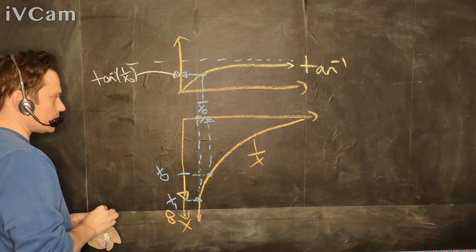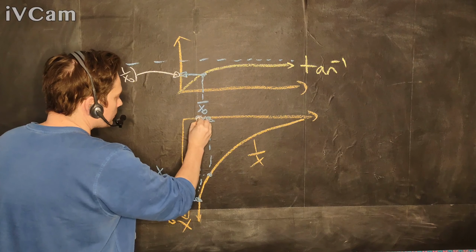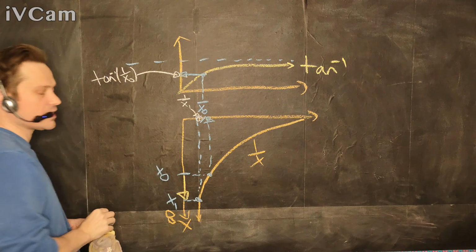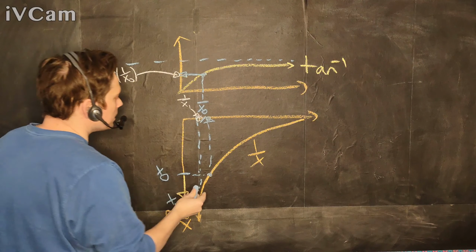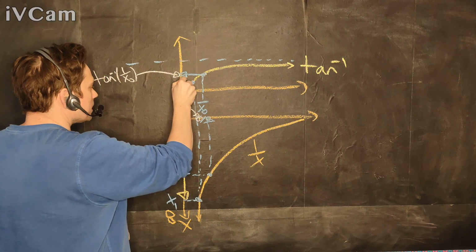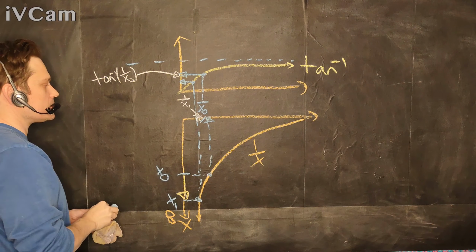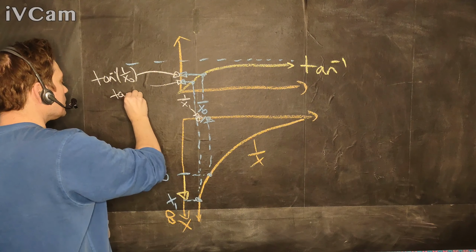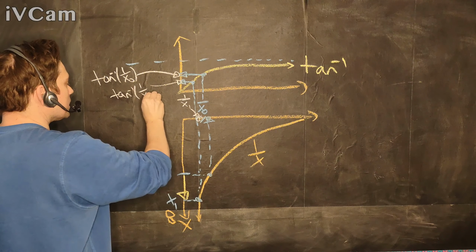So what does that represent? This would represent right here 1 over x sub 1, the next value of that. That then would get fed into the inverse tangent curve, which then would get output right here, that value. So the last value here represents tan inverse of 1 over x sub 1.